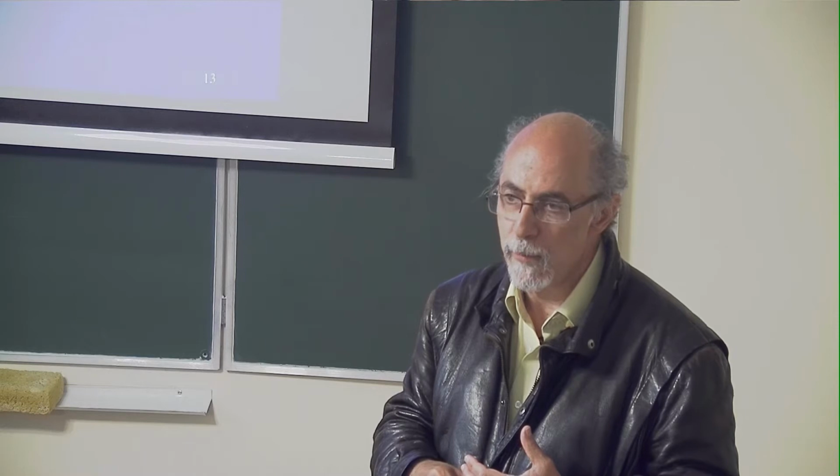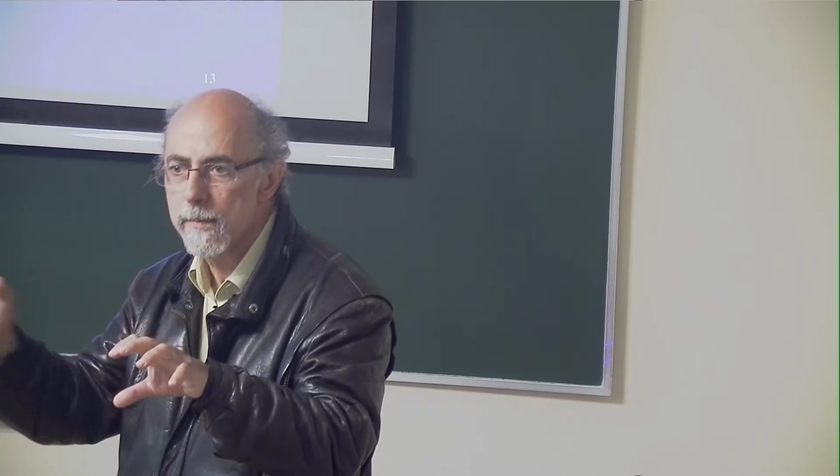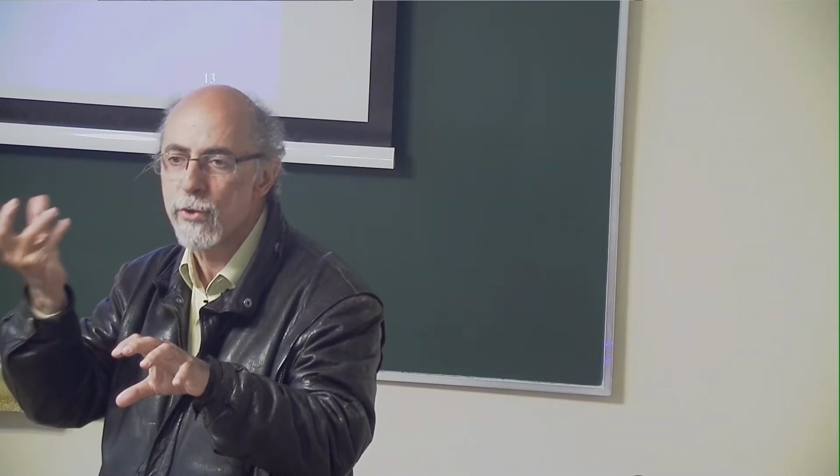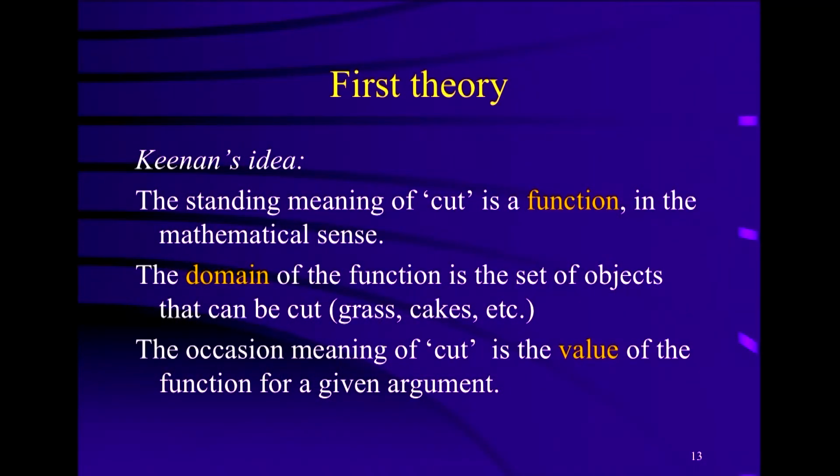And when we have fixed this argument, the object that we're talking about, then the value of the function is the occasion meaning of cut. And cut means to cut in the manner in which you cut that sort of thing, basically.